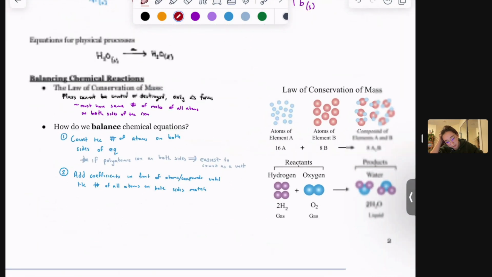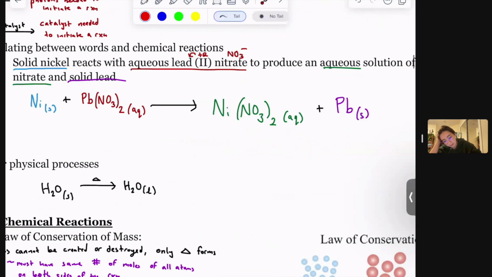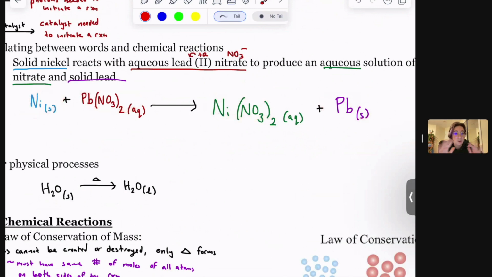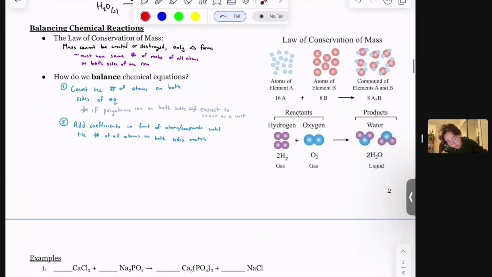Once you figure out, okay, this reaction, it's nickel and lead nitrate and nickel nitrate and lead. Those are the species, the products and the reactants. I can't actually change my chemical formula because that would completely change what I'm producing. It would change what my product is. I can only add coefficients as a part of that balancing process.